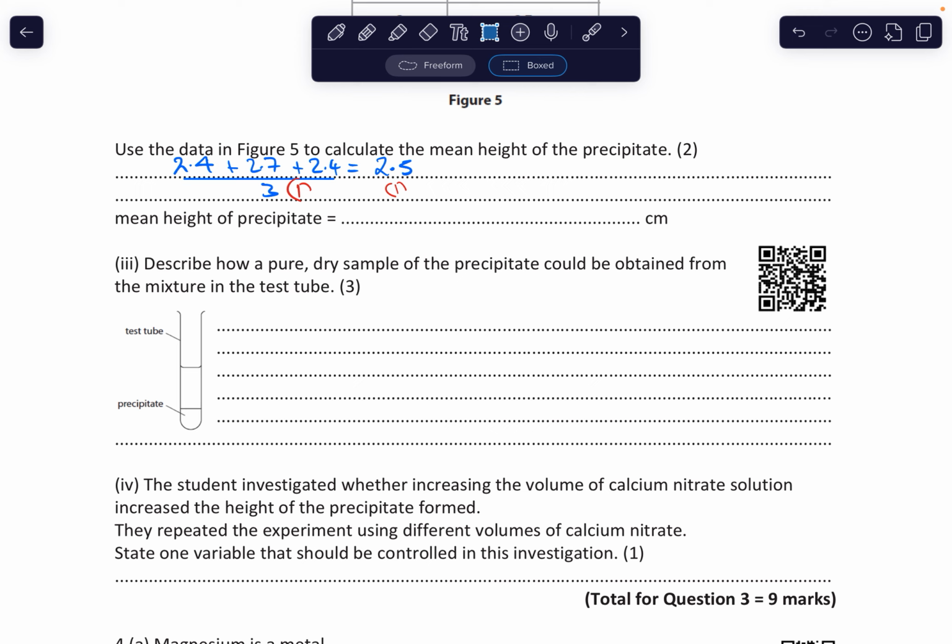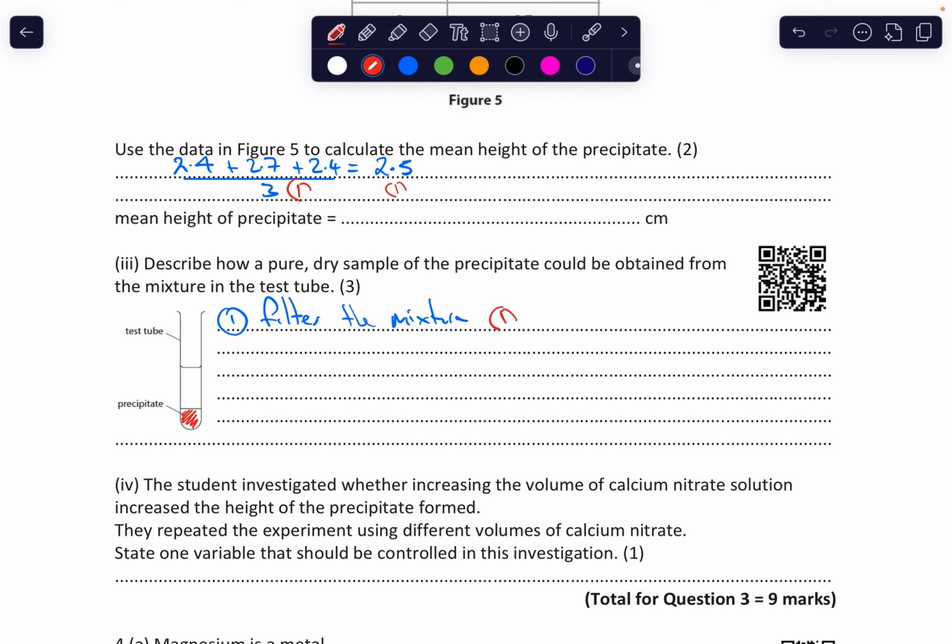Okay, so what I want here is I want this precipitate, and the precipitate at the moment is in a solution. So to get the precipitate, which is insoluble, out of the solution, the first thing I'm going to do is I'm going to filter the mixture. Okay, and if I do that, I'm going to get myself 1 mark.